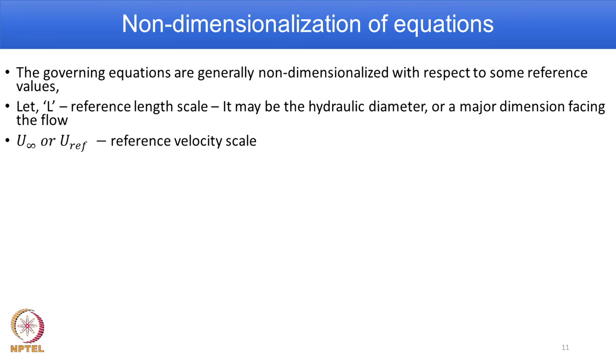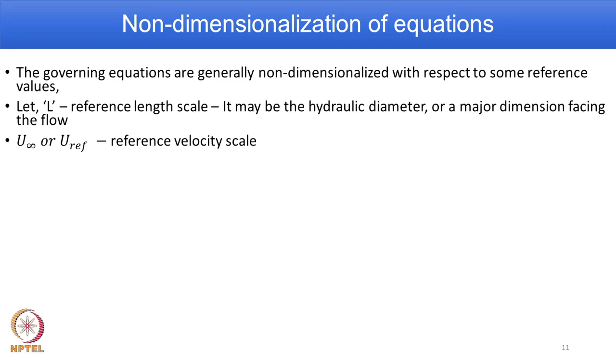Then one also needs to identify the reference velocity scale. So, again, if you consider flow through a circular cross section pipe, if the inlet has uniform velocity, then the uniform velocity can be a reference velocity scale.